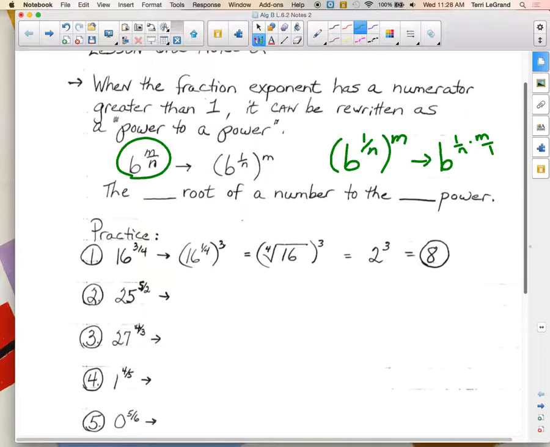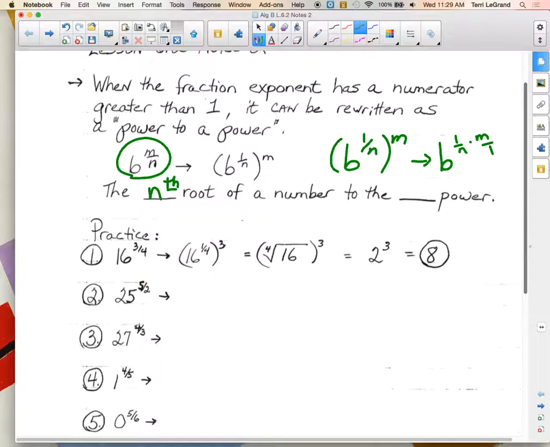So we're undoing this when we write it as a power to a power, because now we're going to be able to evaluate what the power inside the parentheses is. We'll evaluate that, and then we'll take that to the exponent that's outside of it. So in this case, this is really called the nth root of a number.